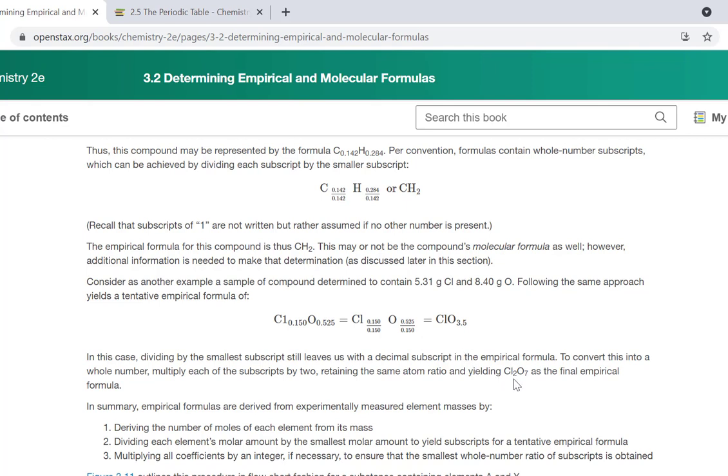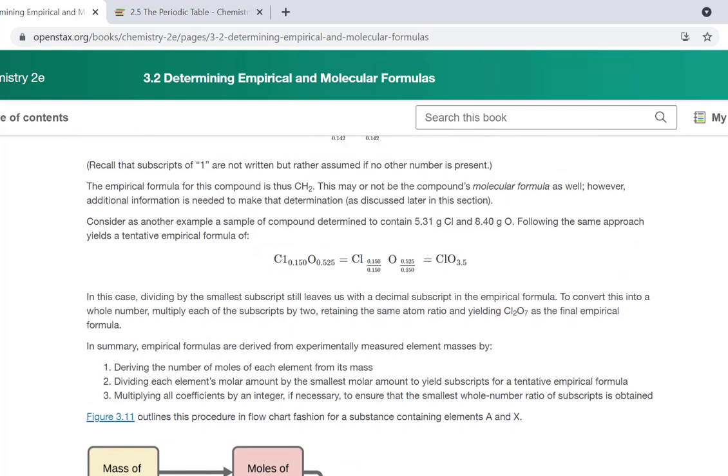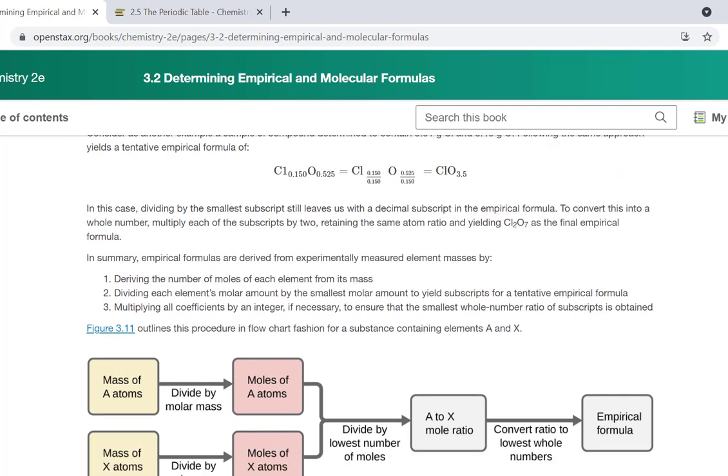So we would end up with Cl2O7, and that would be the empirical formula for this compound. So when you have a situation where you are not really close to a whole number, you need to figure out, well, what do I multiply this by so that I do end up with a whole number?